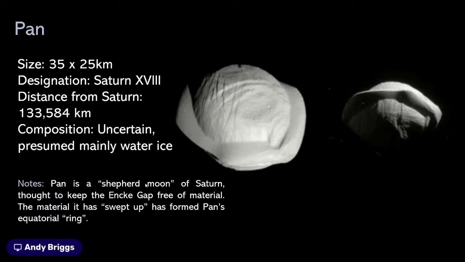This swept-up material is thought to fall on its surface and form this equatorial ring over a long time. The moon is acting as a sort of hoover, hoovering up this material, which settles on its equator and forms this incredible ridge around it.